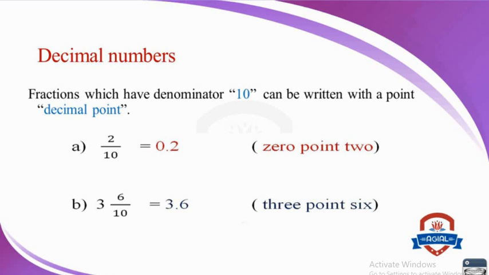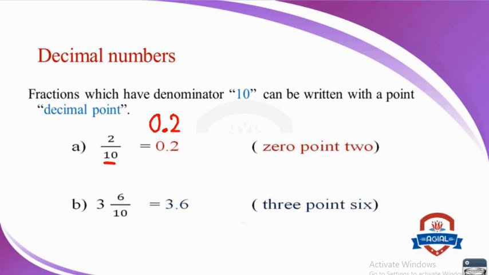I write 0 point 2. If my denominator is 10, I write only one number after the point. How can I read it? 0.2.